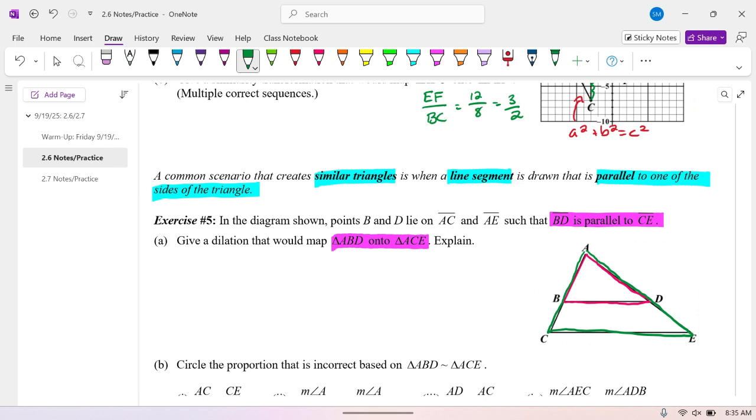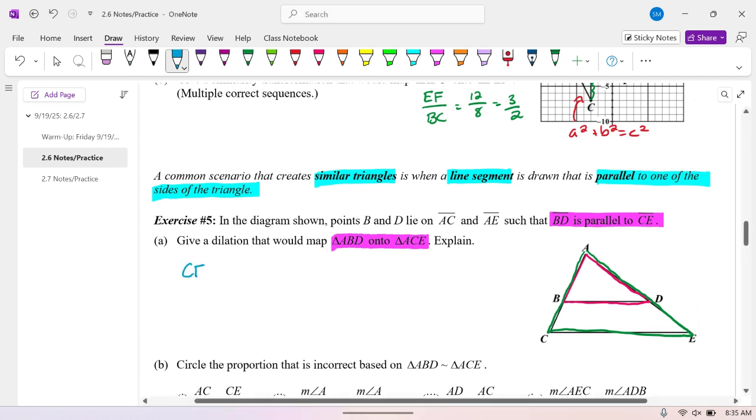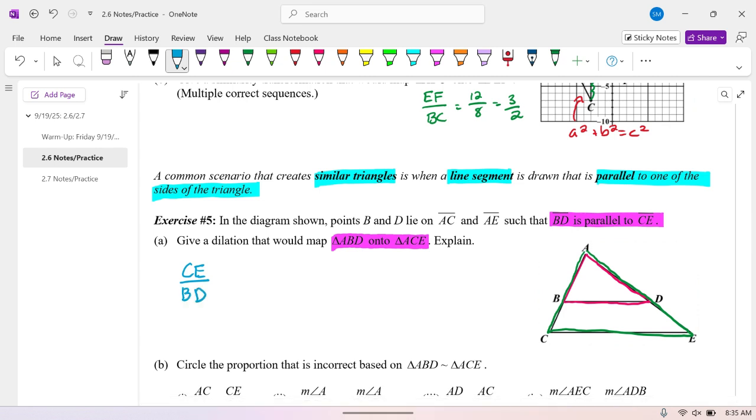Right, BD and CE. So we can say, because we want to do new over old, so we're mapping ABD onto ACE. That means ACE is our new, ABD is our old. So we would do CE over BD.